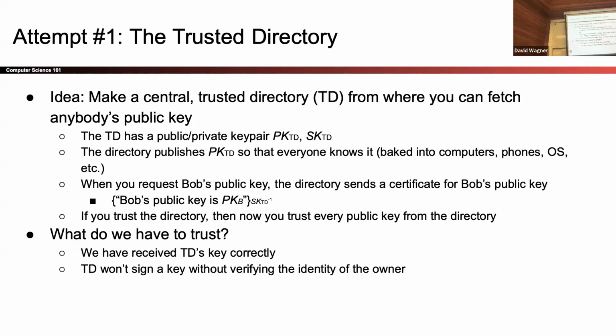But then are American companies going to trust it? How do you pick one entity who everyone trusts? Maybe there is no one who everyone trusts. I'm not sure we're in a world where there's anyone who everyone trusts. So that's a big problem. We have to have total trust in this trusted entity, and everyone has to agree on one person who everyone has total trust in. That doesn't sound realistic.